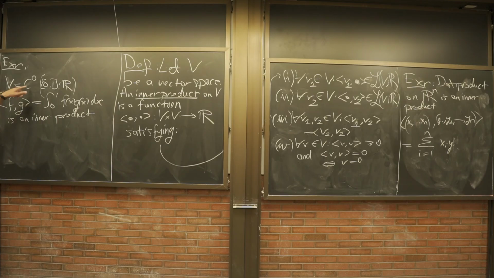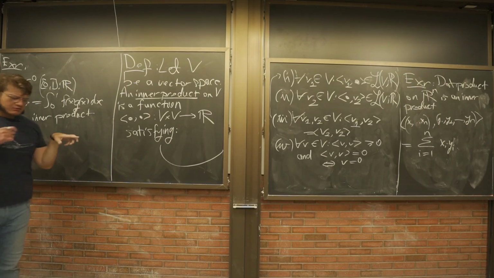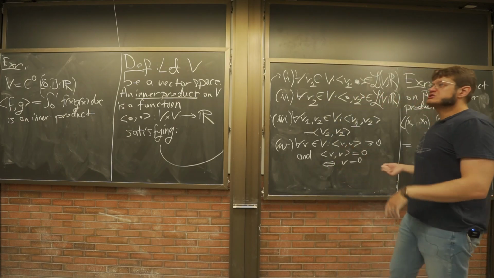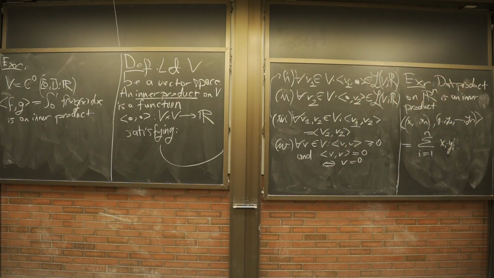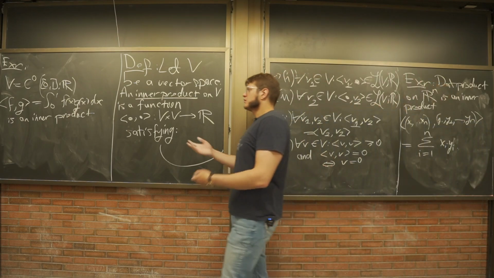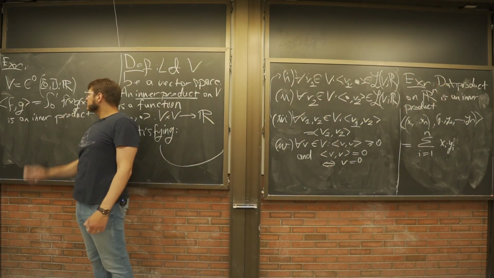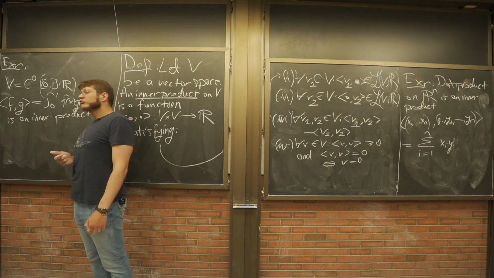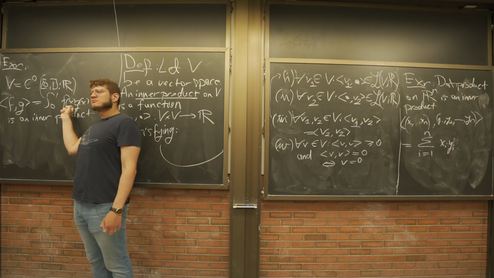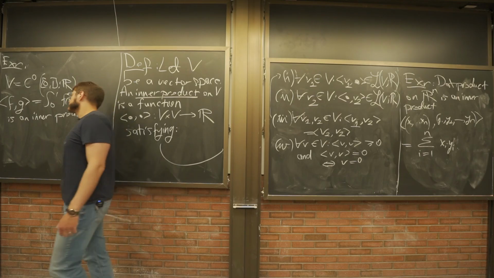But of course, instead of looking at V as a space of continuous functions, why not just look at the space of Riemann integrable functions? The space of Riemann integrable functions too is a vector space. And if I were to take two Riemann integrable functions, their product is also Riemann integrable. So this still makes sense for the space of Riemann integrable functions.